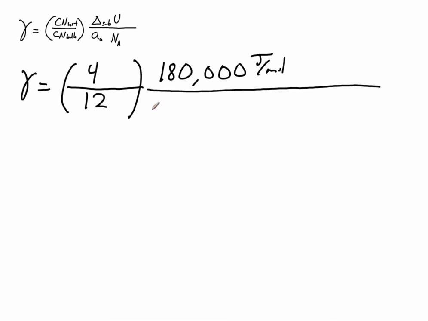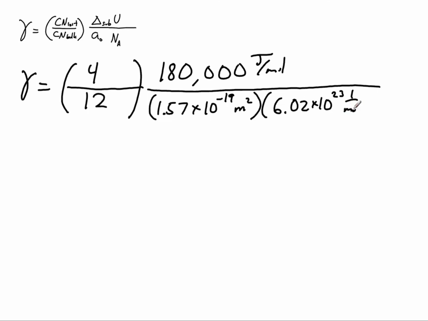We have an area per atom of 157 times 10 to the negative 19th meters squared, and Avogadro's number is 6.02 times 10 to the 23rd per mole.